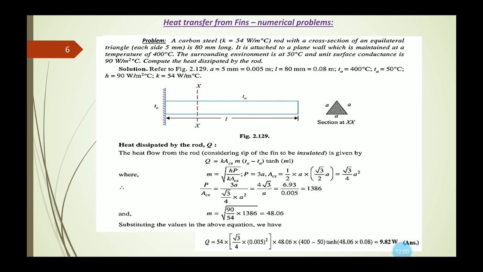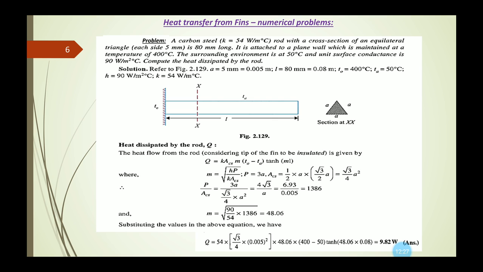Now if we consider the diagram here, figure 2.129, you can see this rectangular fin, and the cross section is an equilateral triangle. What are the things given here? Each side of this cross section is 5 millimeter, which is 0.005 meter. The length of this fin is 80 millimeter or 0.08 meter.